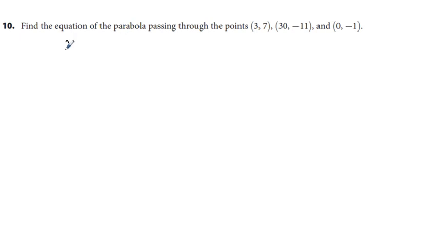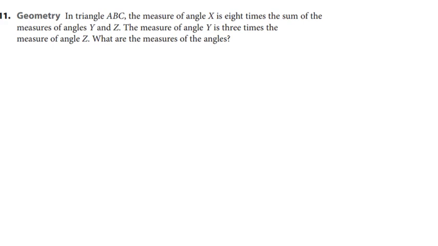It's going to be f of x equals ax squared plus bx plus c. And what you're going to be able to do is use this standard form of a quadratic function to create 3 equations with the 3 unknowns a, b, and c and solve that system. So I'll just go on to 11.